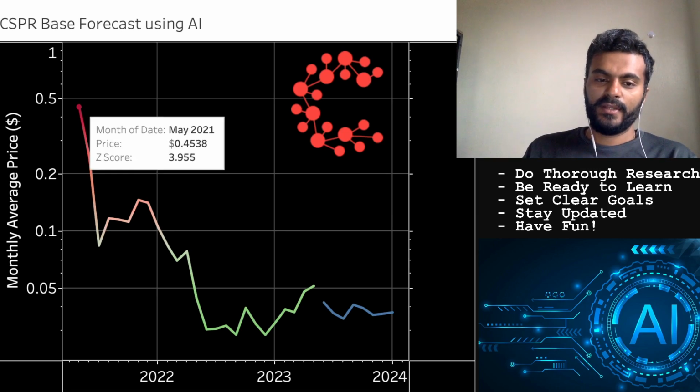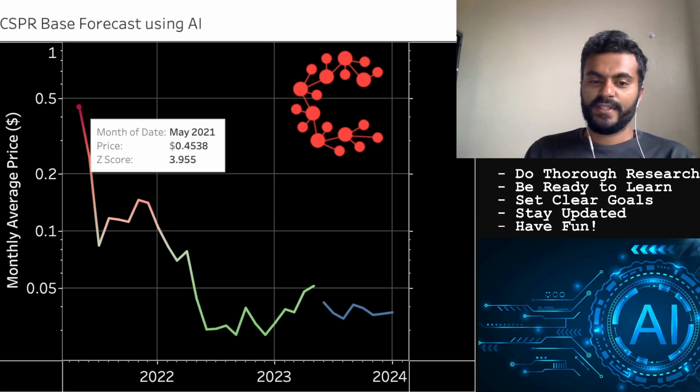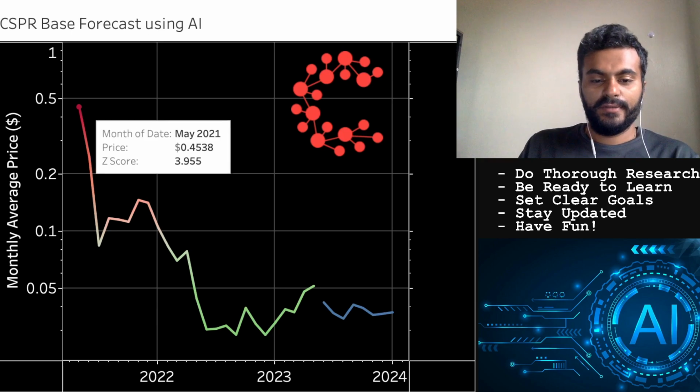By that I mean, when the price was 45 cents in May of 2021, the difference between the price and the average price was 3.95 times the standard deviation.